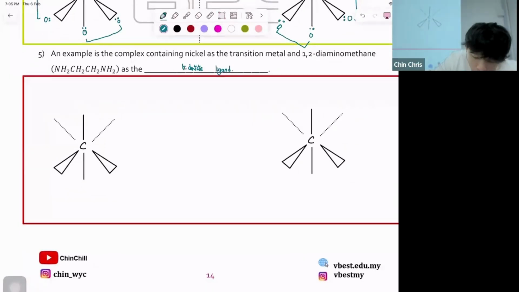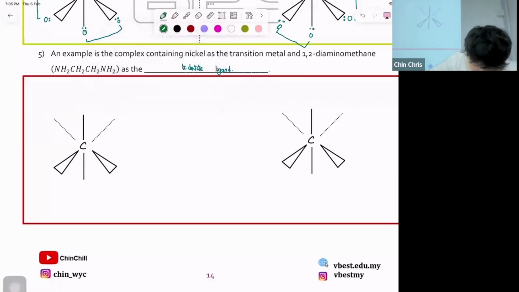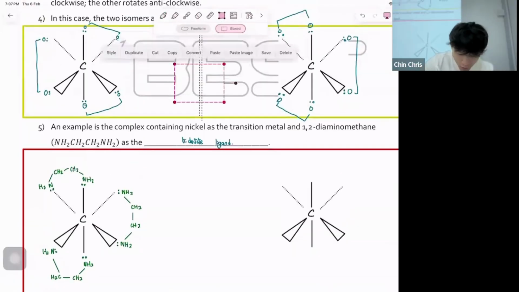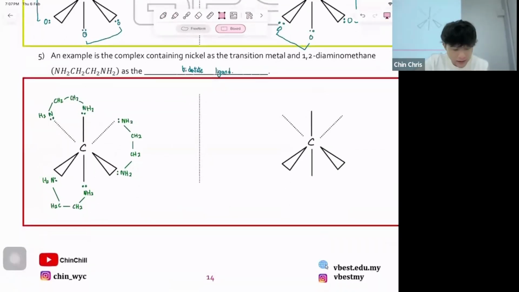I will show you how to draw the ligand, just one. Maybe I'll start from here: it's connected to an NH2, connected to a CH2, connected to a CH2, connected back to an NH2. Now go complete the diagram. Draw the bidentate ligand, and after that, mirror it. Let's go.